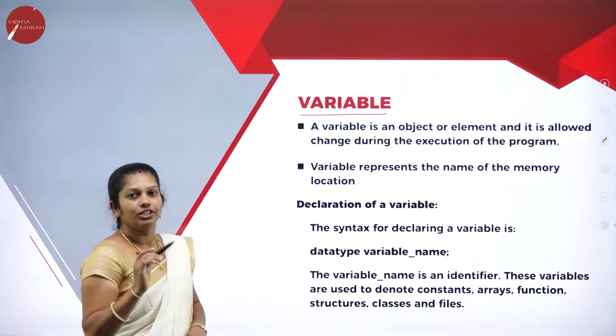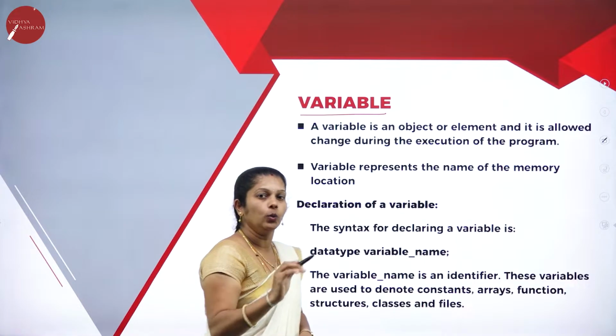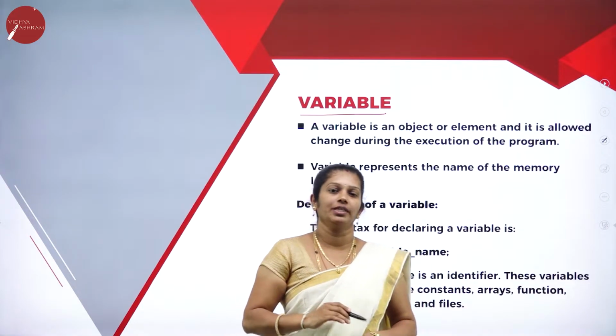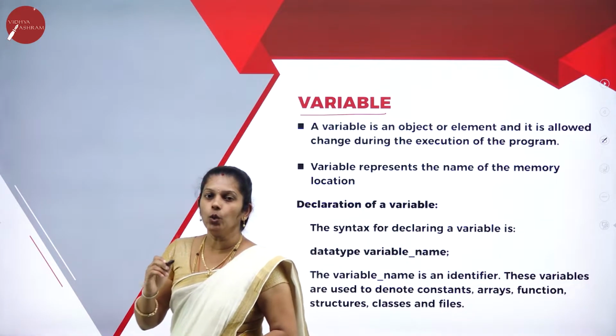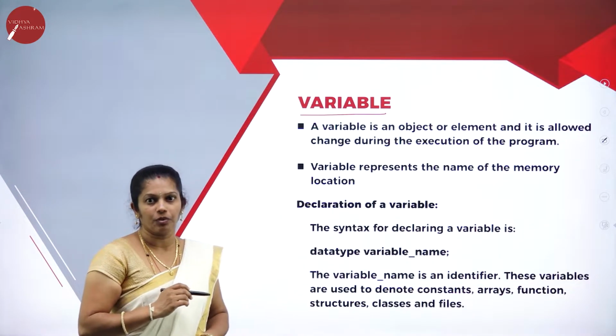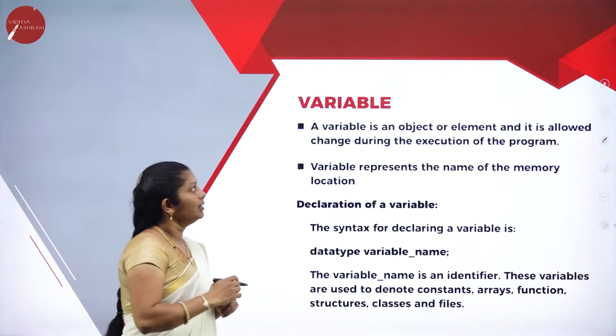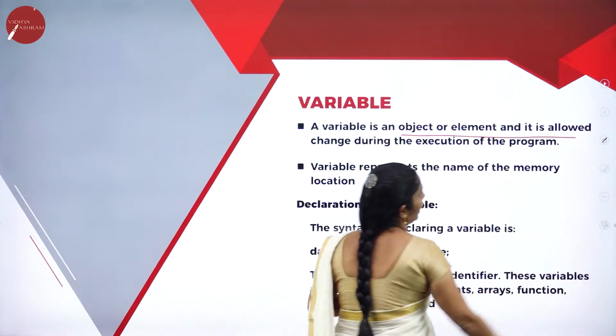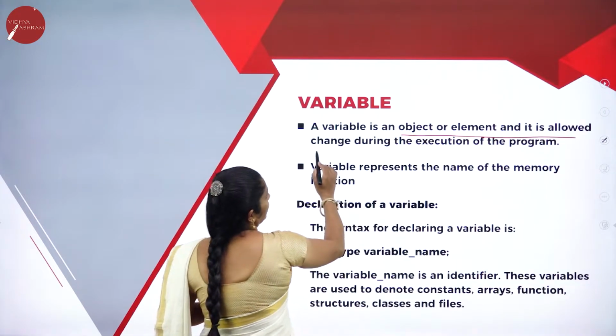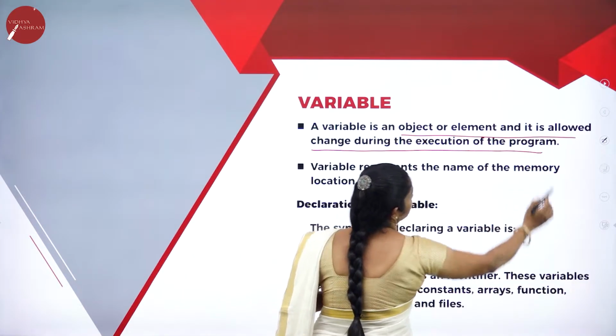Already I told you, a constant's value will never change during the execution of the program, but a variable's value will change during the execution of the program. A variable is an element that is allowed to change during the execution of the program.